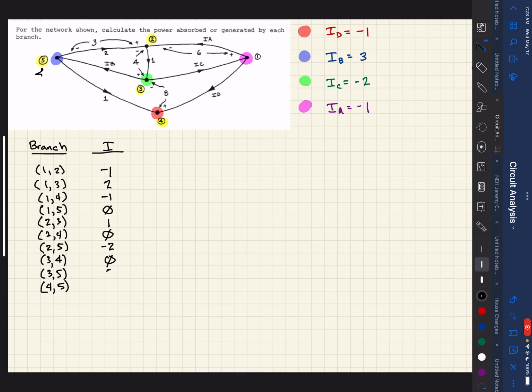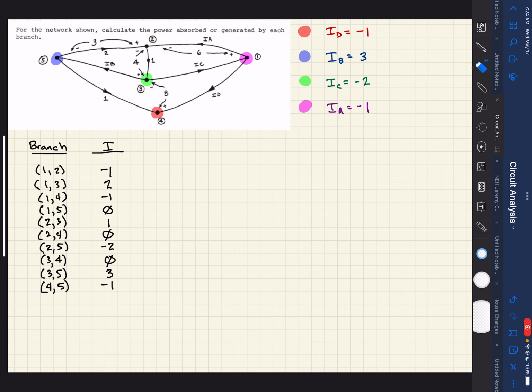So therefore, that value is 3. And then finally, between 4 and 5, so that's between these two here, we see that there's 1 amp, but it's flowing back into our node, so therefore it'll be a -1. Okay, so that takes care of our current relationships between all these nodes.